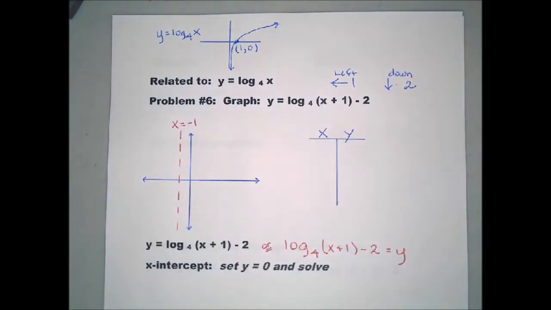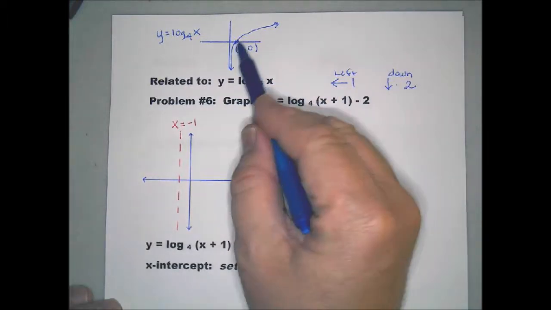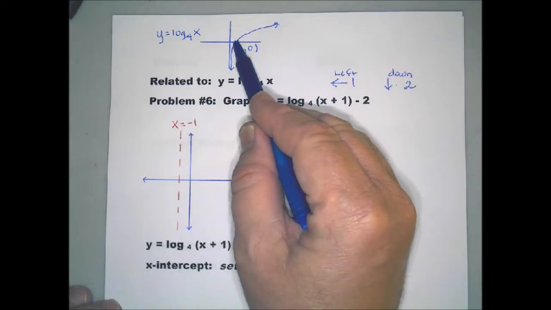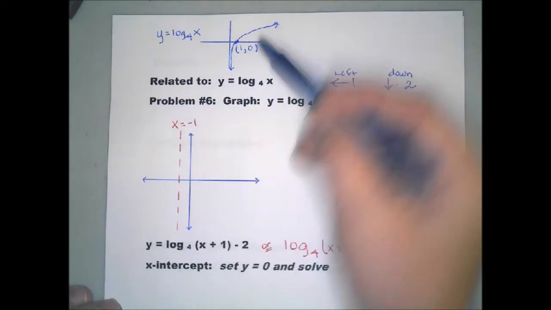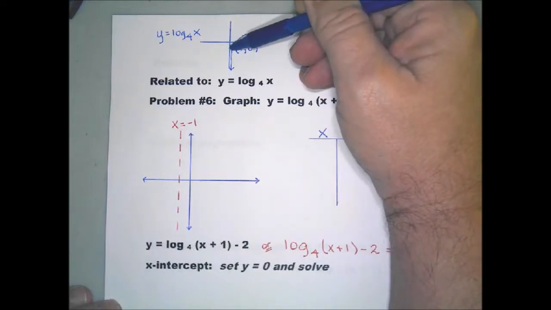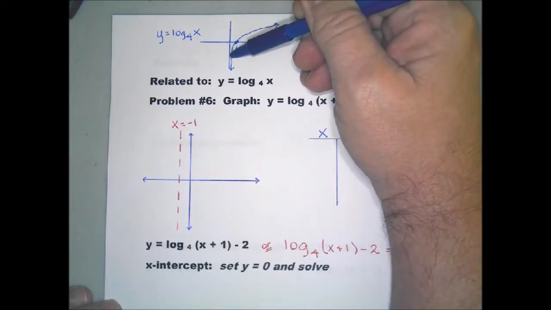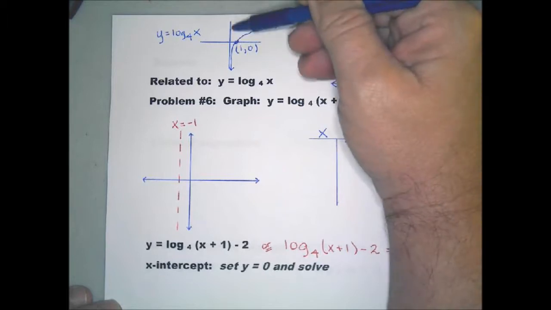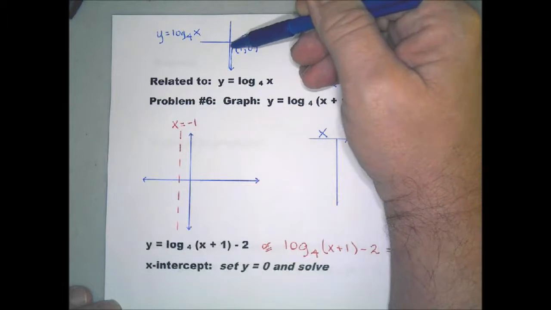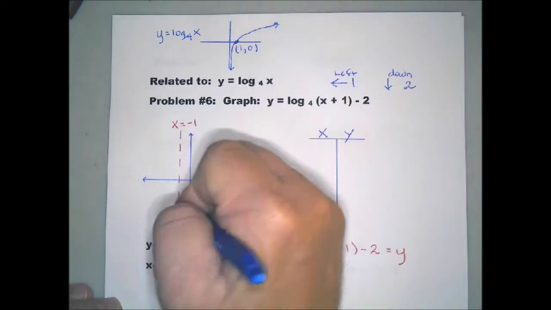And that really important point that used to be at (1, 0), think of what that would do if it was shifted 1 unit to the left, and then 2 units down. That would put it right on the y-axis at x equals 0, and then -2.